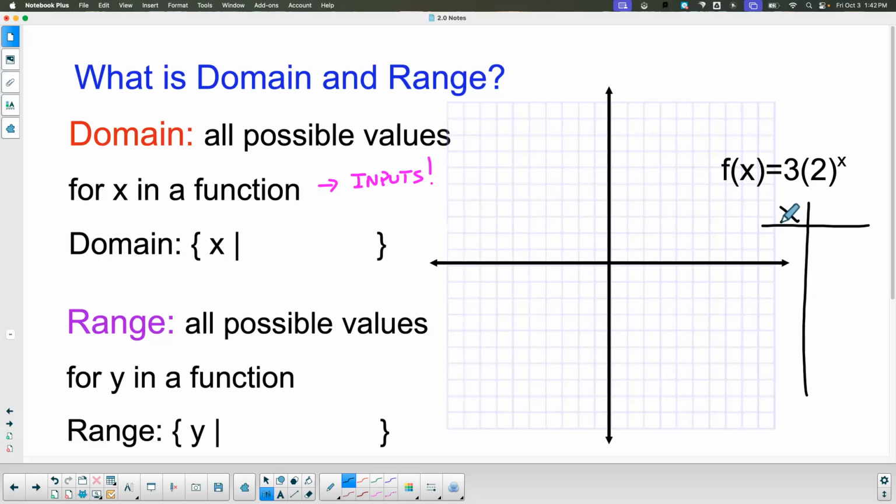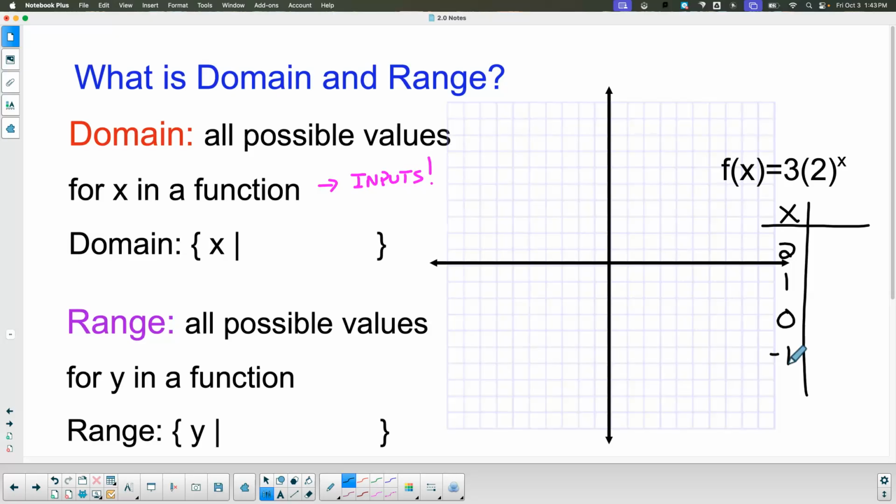Give me a value of x that I could plug into that function. 2. I could plug in 2. Yes, I could. Give me another one. 1. Give me another one. You guys are missing the easy one. 0 is the easiest of the easies to put in. Yes. And then let's go -1, just so we get a -1 in there too.